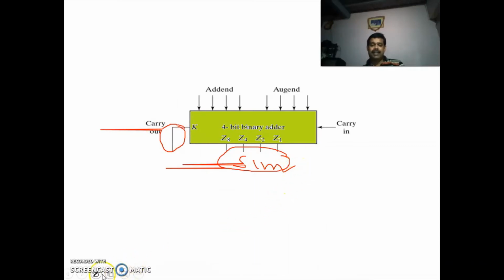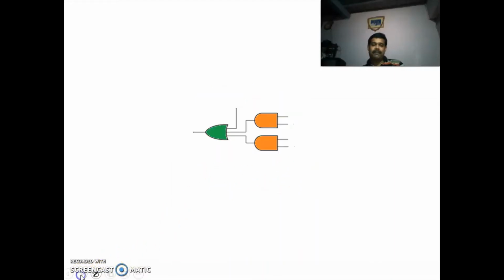First, this circuit will add two BCD numbers and generate the sum. Next, this circuit will check whether the sum you're getting is greater than 9 or not.